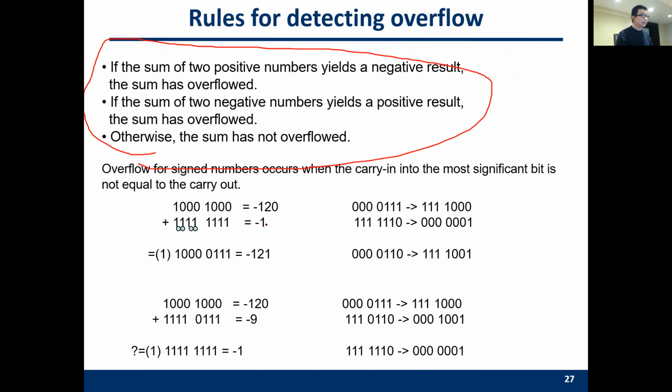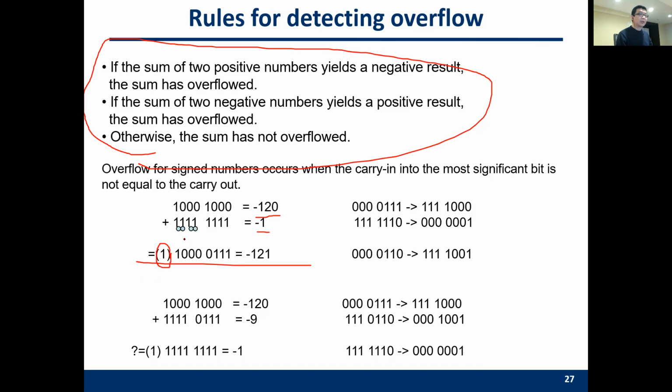You can check this example. These are the examples. For example, we sum two negative numbers together. And then we have this. The carry out of the most significant bit is 1. The carry in is still 1.